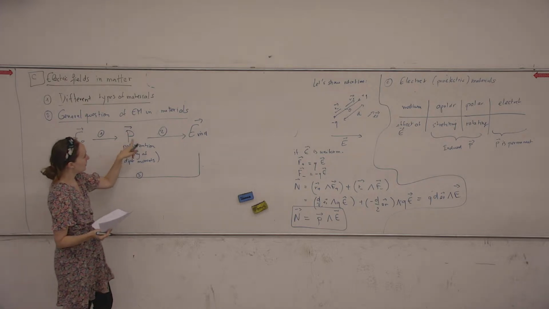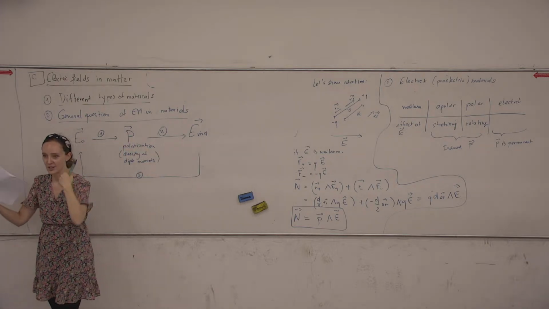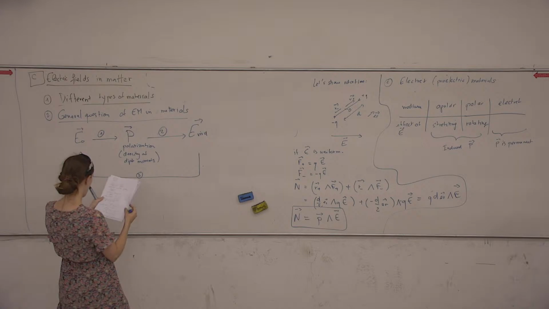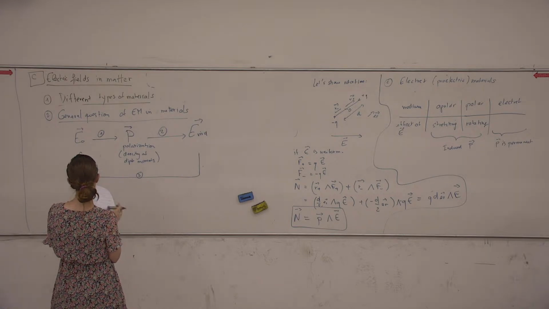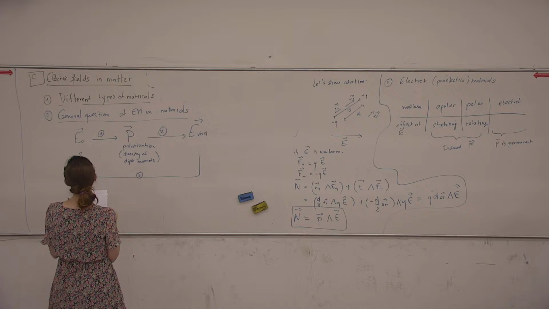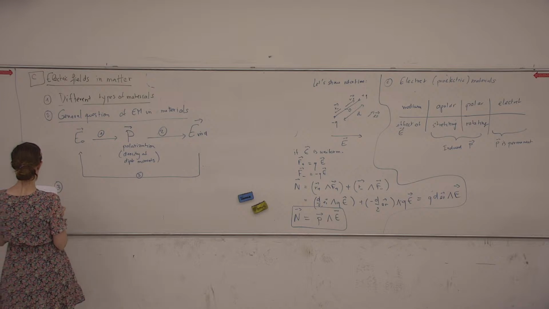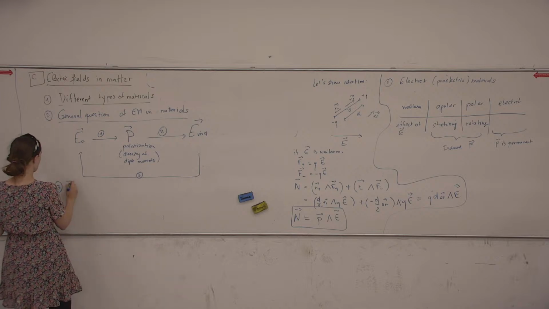Now, what I want to focus on is 2: what is the field that is generated by a material that has been polarized? So this brings me to 3, which will keep us busy for the rest of the lecture today.